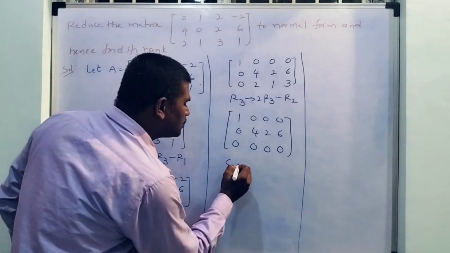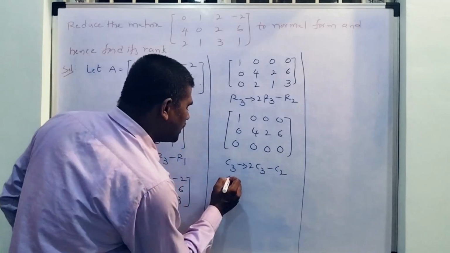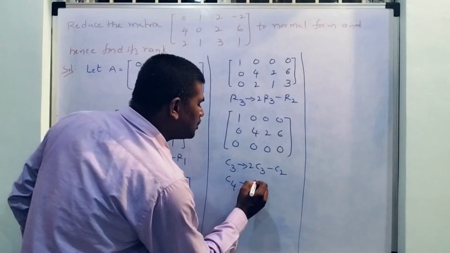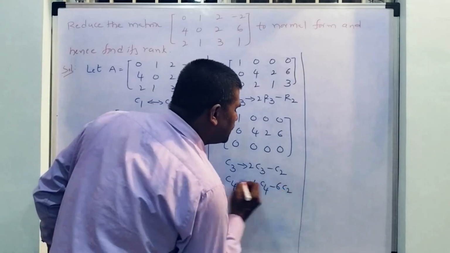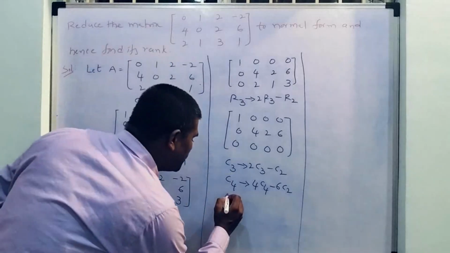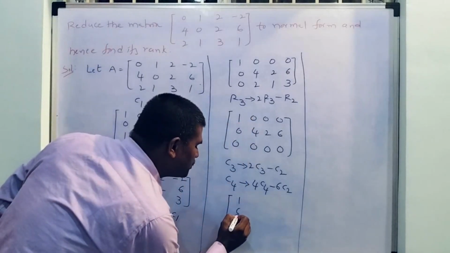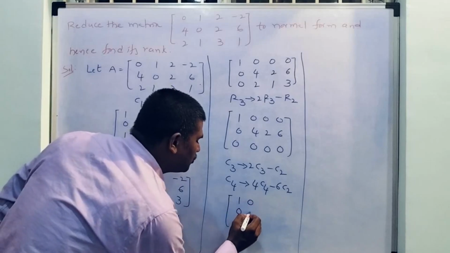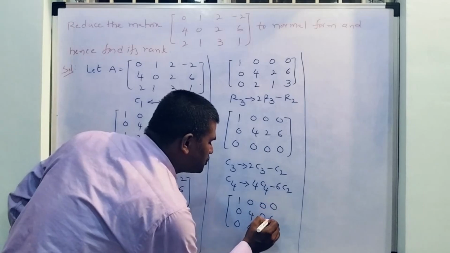C3 tends to 2C3 minus C2 and C4 tends to 4C4 minus 6C2. Then these 2 elements will be 0, which means no change in the first 2 columns. 1, 0, 0, 0, 4, 0, 0, 0, 0, 0, 0, 0.